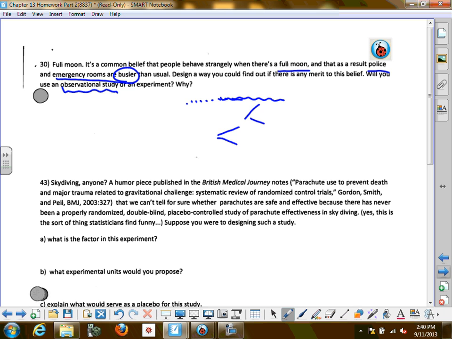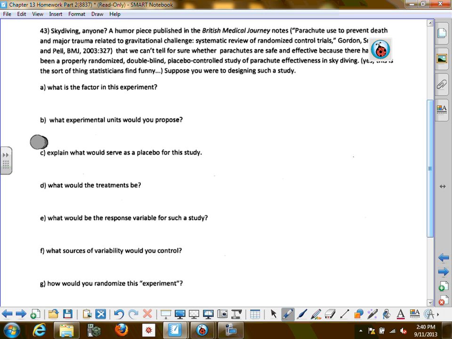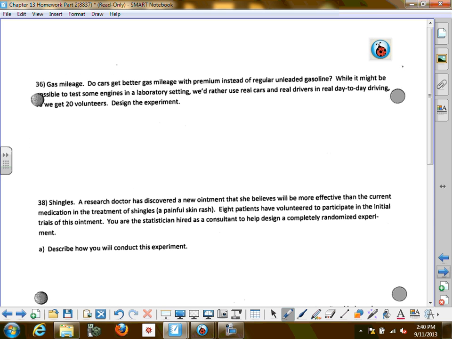All right. I do want you to be aware on number 43, it's pretty quirky. It talks about skydiving and even the issue of a placebo parachute. So when you get to that, just get over it and go with it, okay? Don't just say you can't do that, and then stop.